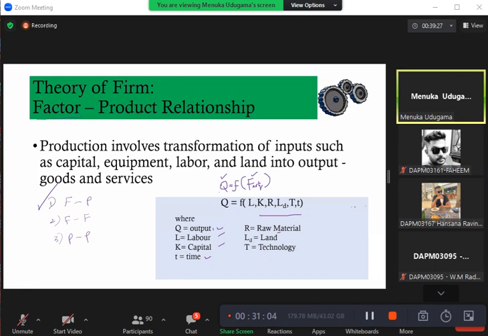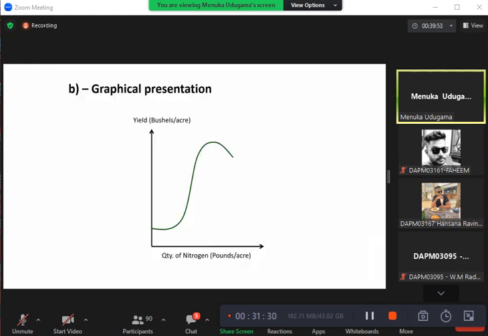So now if I plot a graph between fertilizer use and quantity, let's say I want to do an experiment and I plant or cultivate a crop and I change the fertilizer amount from 0, then I add 1 unit, 2 units, 3 kilos, 4 kilos likewise, and then I measure the yield, and that would give me a relationship between yield and nitrogen, right? Let's say the nitrogen fertilizer, urea, any nitrogen fertilizer against yield.